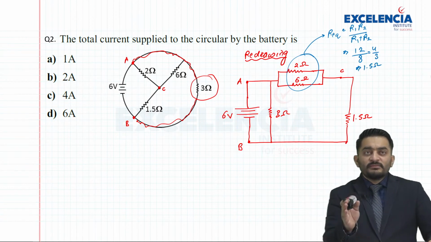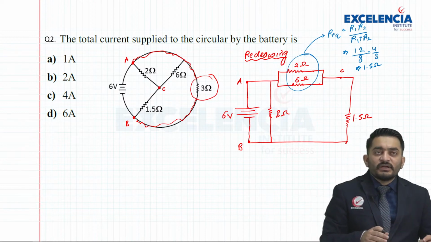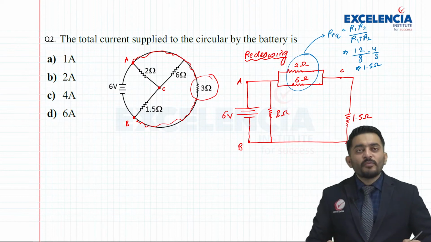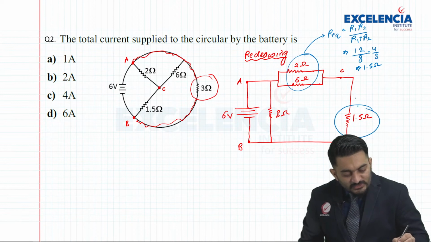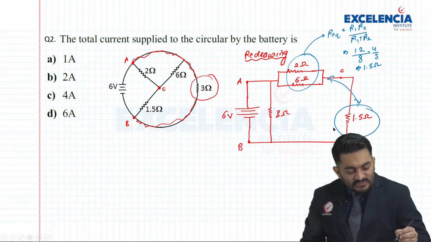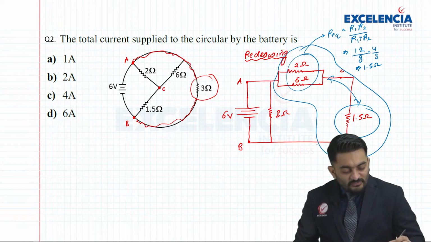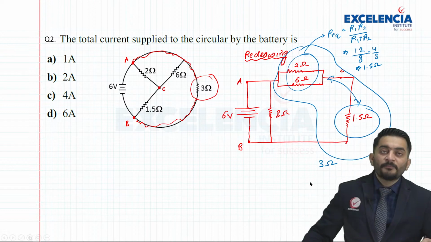So this particular part we have solved. If you again redraw this circuit, 2 and 6 you can combine, and this 1.5 ohm resistance which we have is connected in series with this. So these two are in series. For series what we do? We simply add. So 1.5 and 1.5 in series will give you 3 ohm.